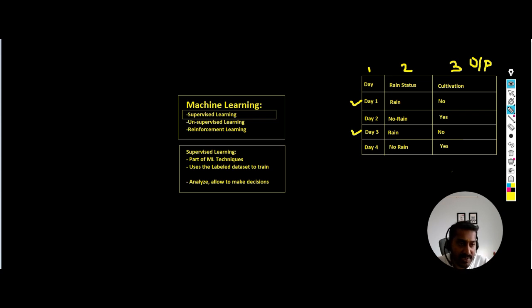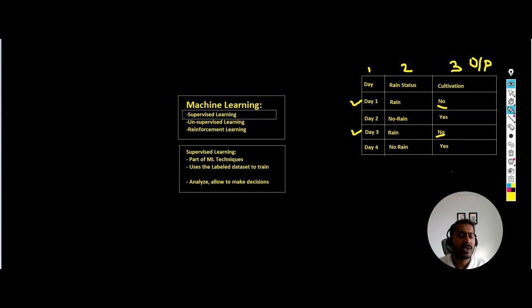Again, try to understand, this is a hypothetical situation we wanted to make you understand. So based on the data itself you have to take the decision. Based on the data itself, machine learning would go for some kind of decision. So if it's an odd day, rain happens and there is no cultivation, right? This all data is nothing but the labeled data.